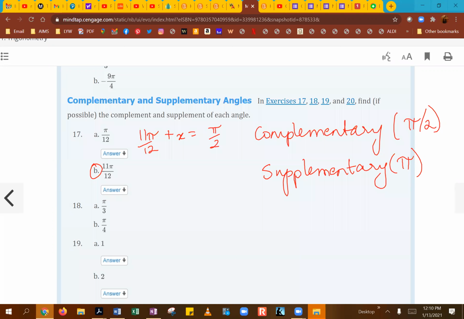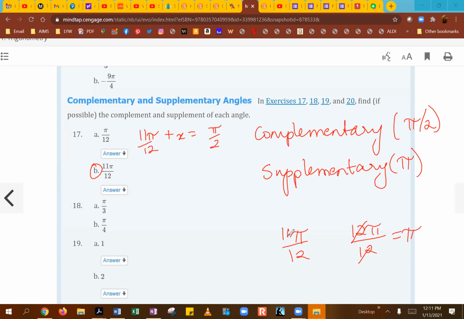If you're looking at 11 pi over 12, okay, 11 pi over 12 is very, very close to 12 pi over 12. Now 12 pi over 12, the 12s can cancel each other out, giving you pi.